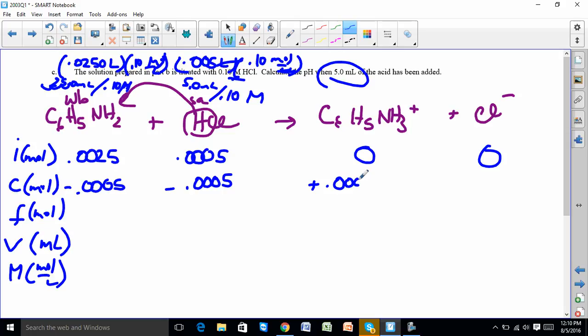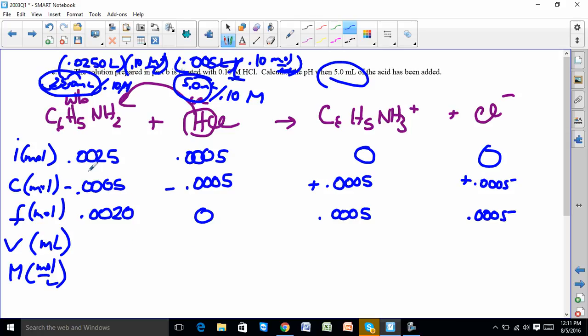And the one thing about the AP exam, they will always be nice to you. It's always going to be a 1-to-1-to-1 mole ratio. Now this ends up being 0.0025 minus 0.0005, which is 0.0020. This goes to 0. This is 0.0005 and this is 0.0005. And then this is why I do this up here, 25 plus 5 is 30.